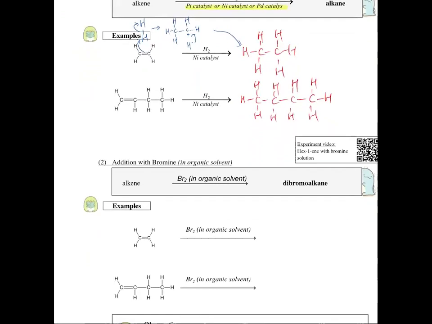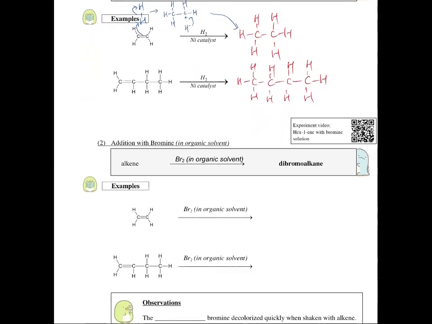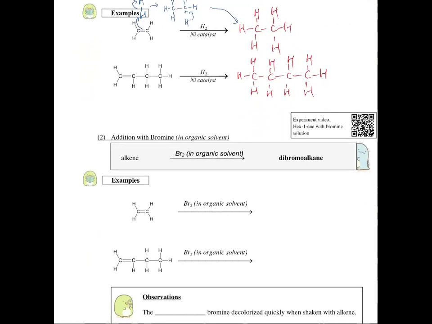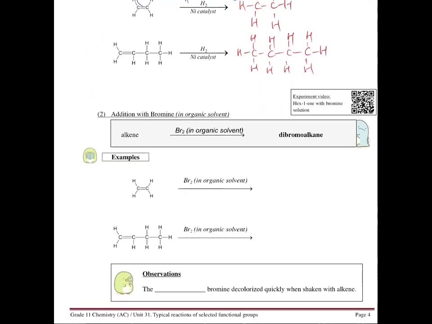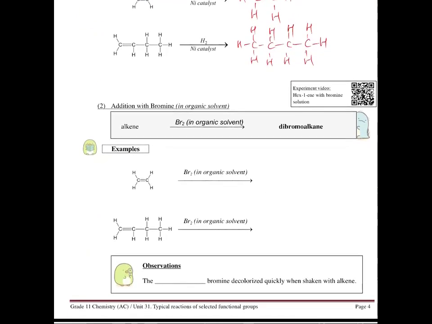Similarly, with a symmetrical substance, it can react with bromine. For bromine, the one that we have talked about in Unit 27, it's in organic solvent. So again, a quick revision. If we have bromine, the bond is going to break like this.